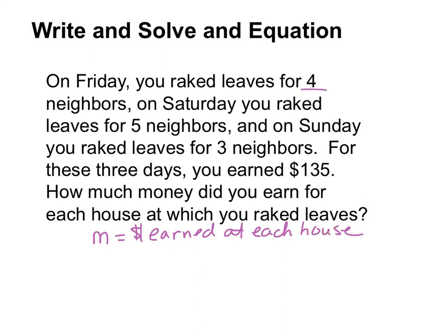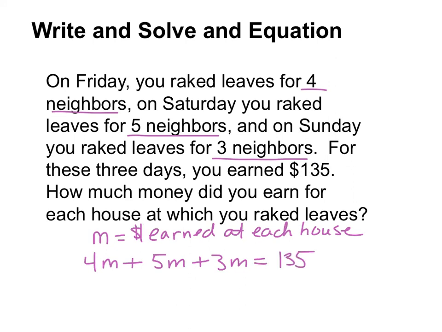So you raked 4 neighbors' leaves on Friday. That's 4M. On Saturday, you raked leaves for 5 neighbors. And on Sunday, you raked leaves for 3 neighbors. And you earned $135 for all of that work. Now you can add your terms because they have identical variable parts.